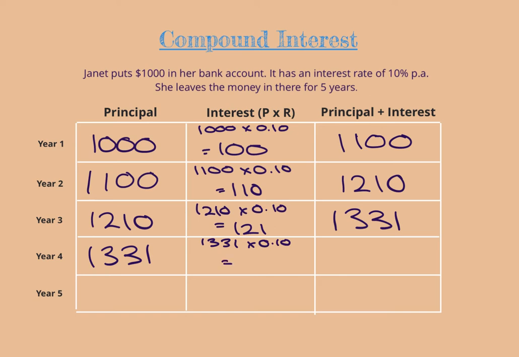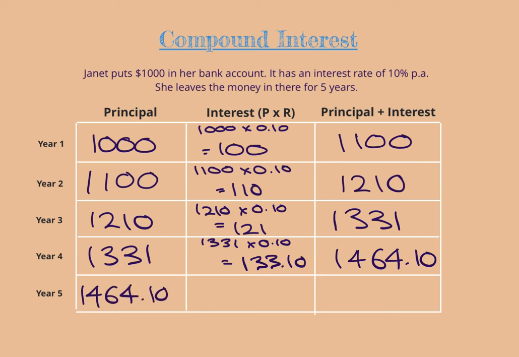So in her fourth year, she will earn $133.10 in interest. So by the end of the fourth year, she'll have her principal plus interest, which will be $1,464.10. So at the start of the fifth year, that's how much she has in her bank, $1,464.10.